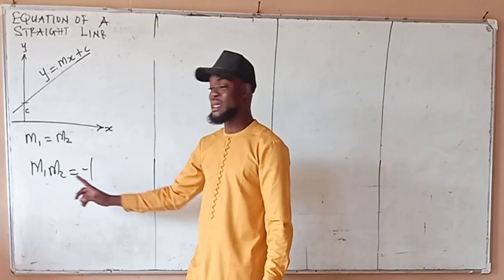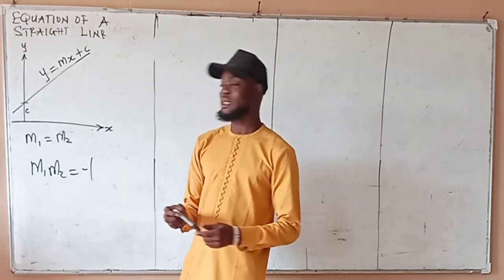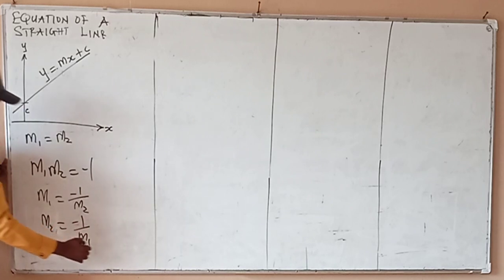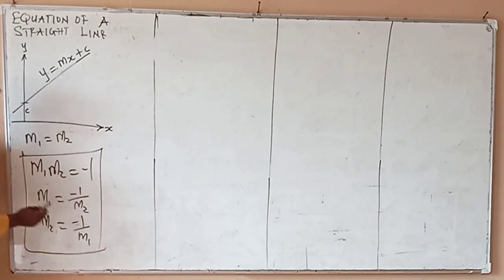So for two perpendicular lines, if you multiply their gradients, it will be equal to minus 1. Or m1 will be equal to minus 1 over m2, or m2 will be equal to minus 1 over m1. If you want to make m1 the subject, divide both sides by m2; if you want to make m2 the subject, divide both sides by m1.